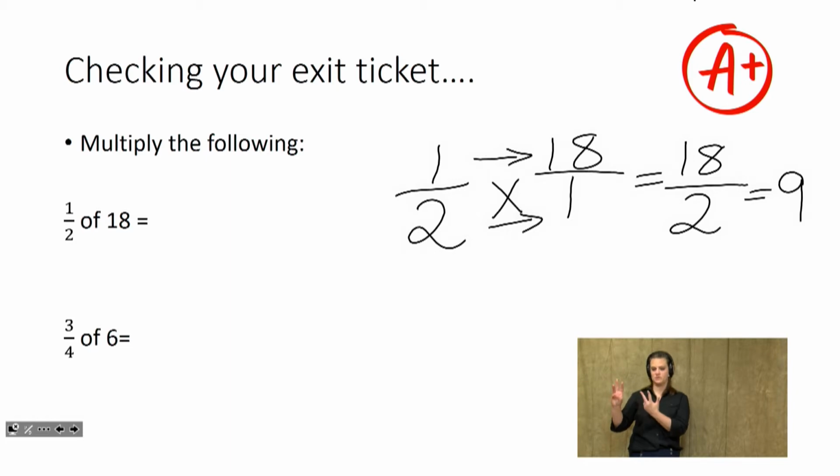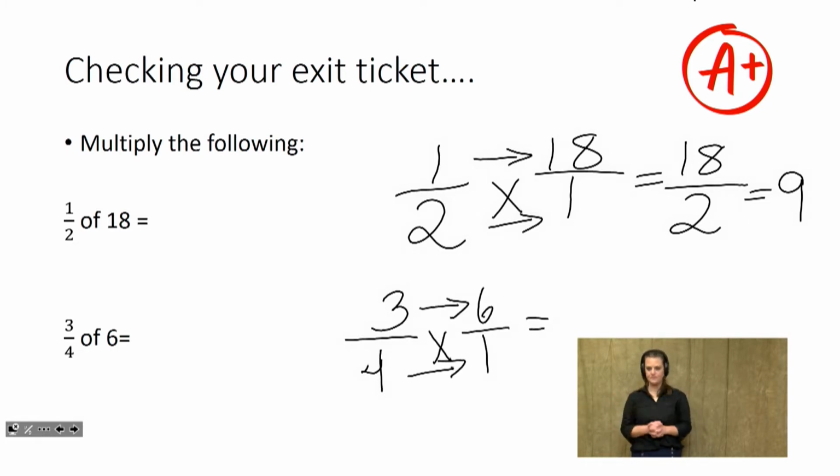So 3/4 of 6, is it going to be less than 6, greater than 6, or equivalent to 6? It should be less than. So let's see. If 2/4 of 6 is 3 and 4/4 of 6 is 6, then it's got to be between 3 and 6.